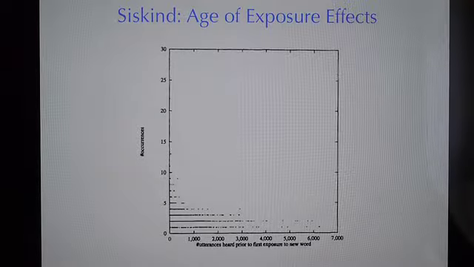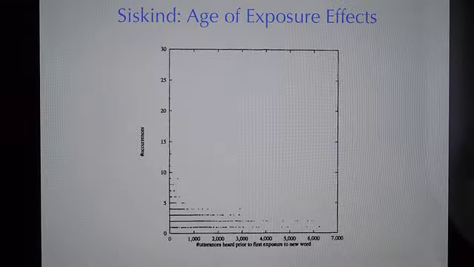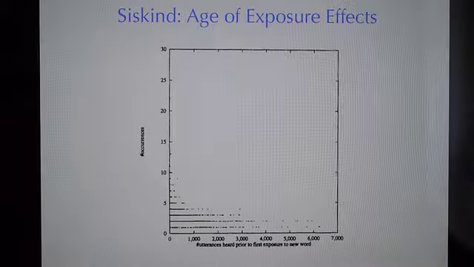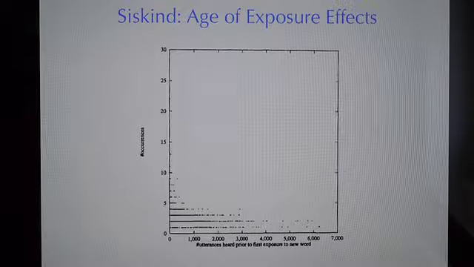This graph shows the age of exposure effect. It shows how many times a model needs to see a particular word until it learns it. On the x-axis, you see the number of utterances that the model has heard prior to the first exposure to a new word. And on the y-axis, you see the number of occurrences that are needed for that word to be learned.